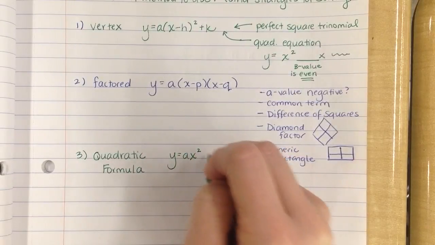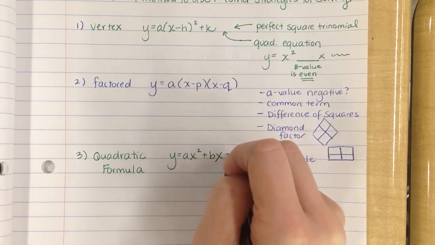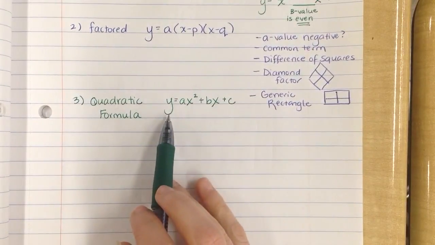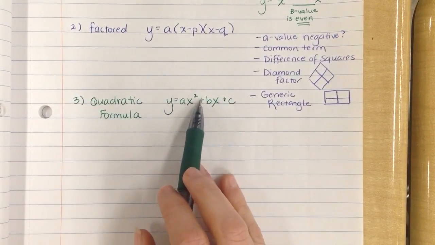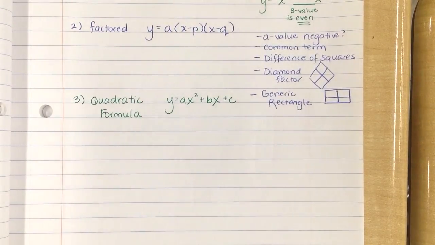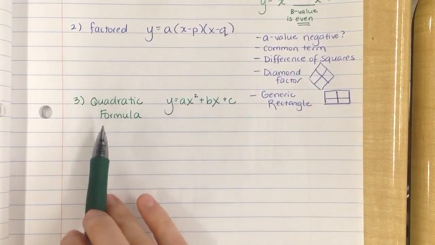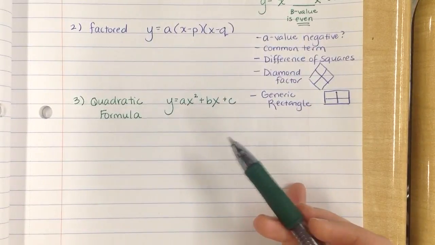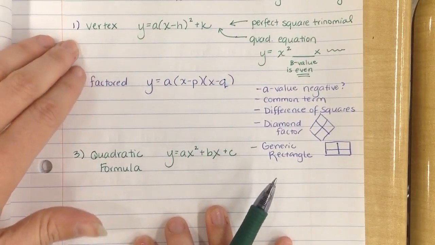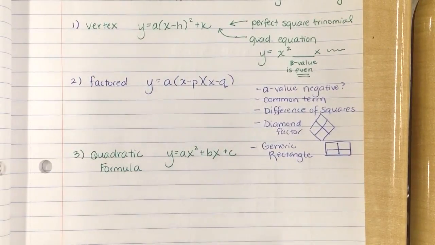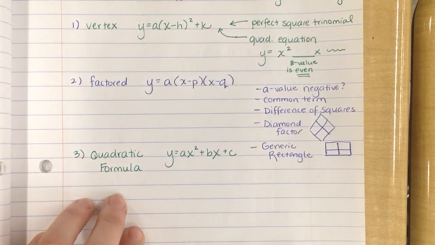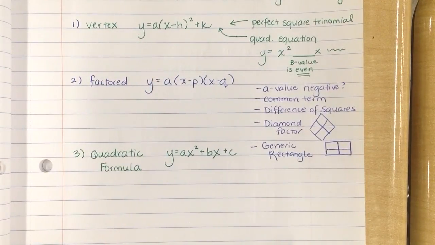We could use the quadratic formula for any quadratic equation that we're given. Anytime we have y equals ax squared plus bx plus c, when a is not 0, we could use the quadratic formula to solve for the roots of the parabola. It should be our default method: if the vertex form doesn't work and if the factored form doesn't work, then we do the quadratic formula as our backup plan.